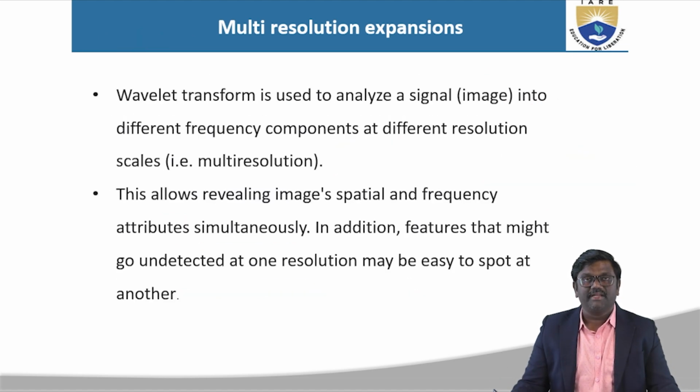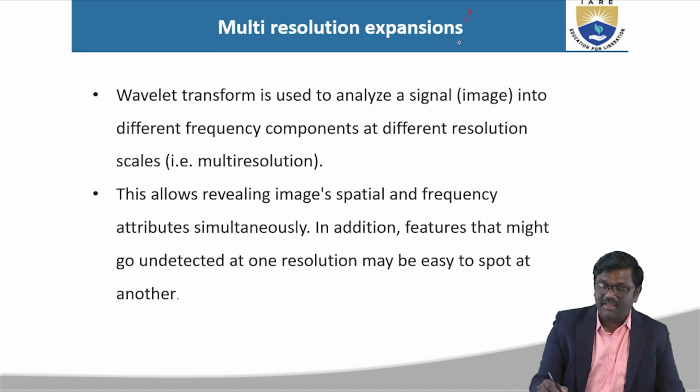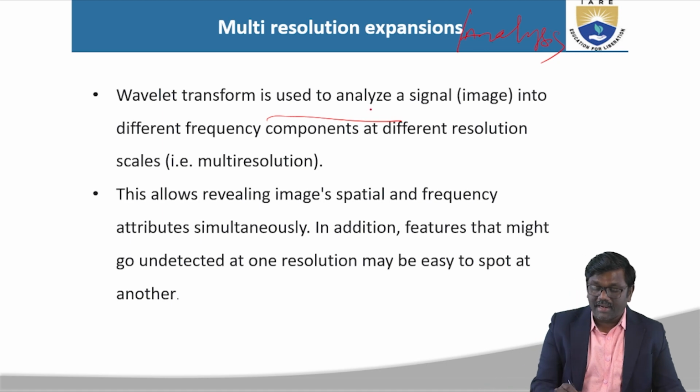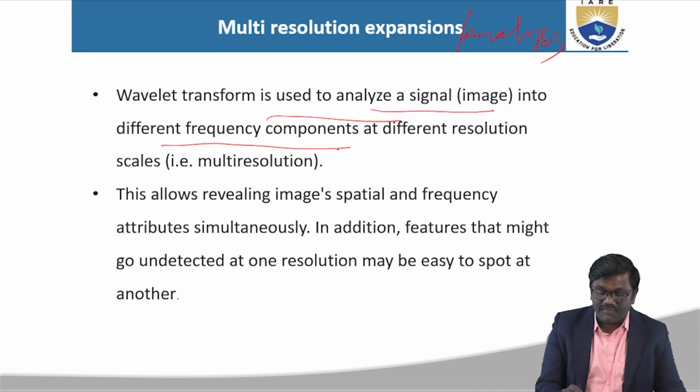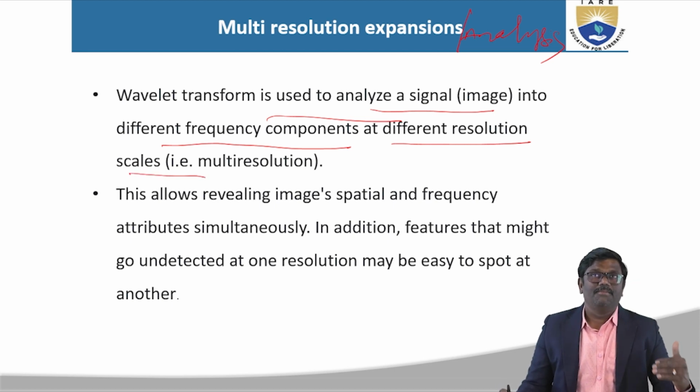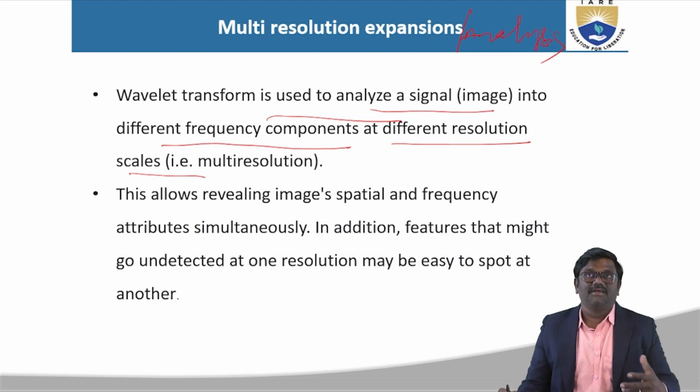So multi-resolution expansion, in terms of analysis, is using the wavelet transform to analyze an image into different frequency components at different resolution scales, and is also considered part of multi-resolution expansions.